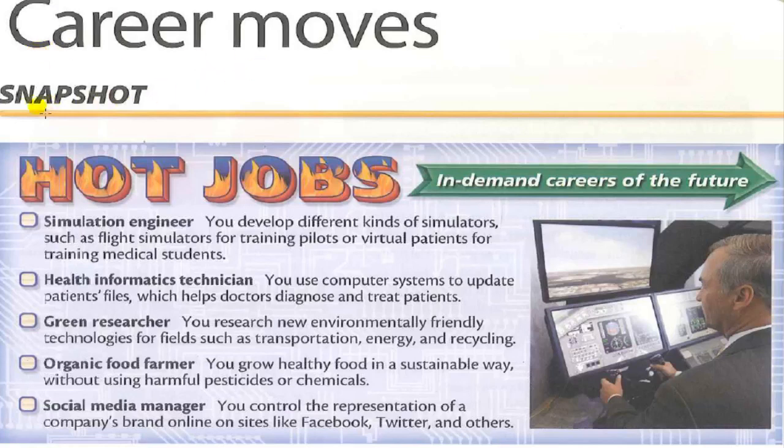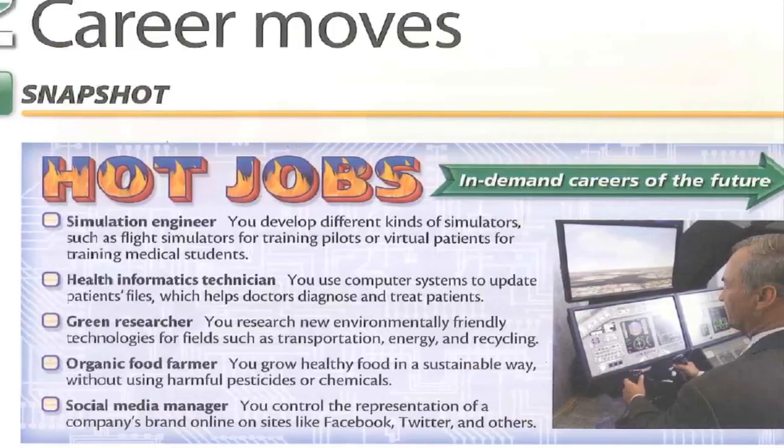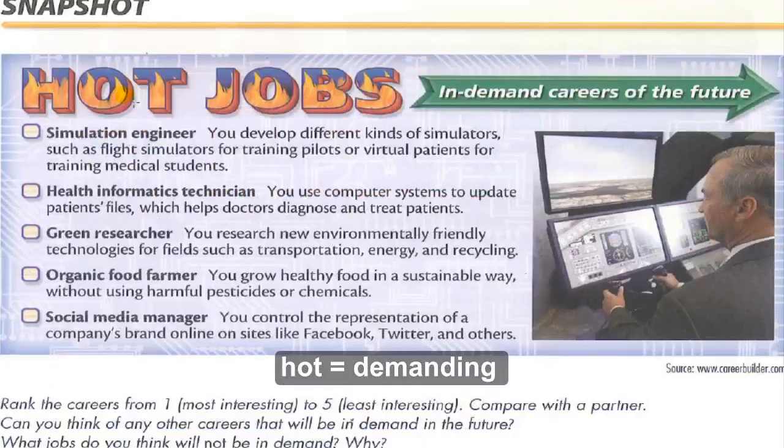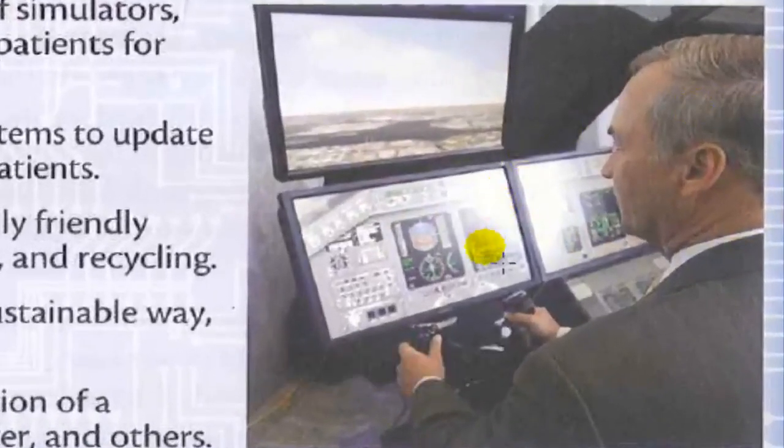Career moves. 1. Snapshot. Hard jobs, demanding jobs that companies need. A lot of companies need these jobs. In-demand careers, in-demand jobs for the future. What do you see here?